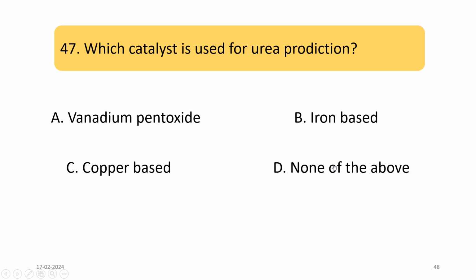Here the answer will be none of the above, because you know that in urea production any kind of catalyst is not used. So it will be none of the above.